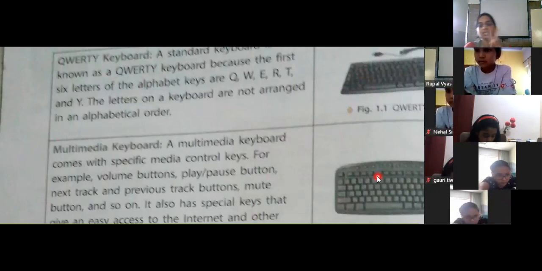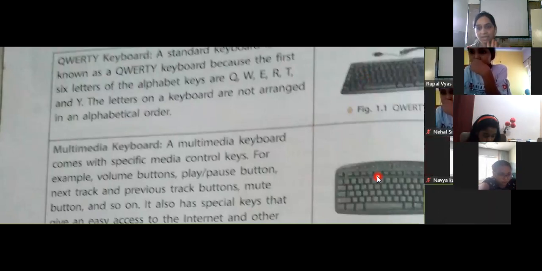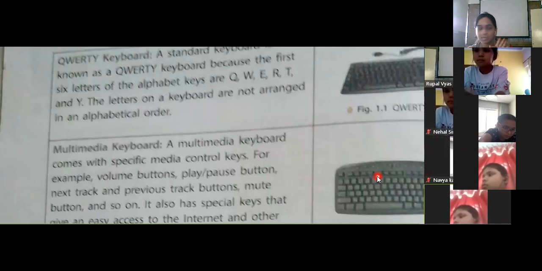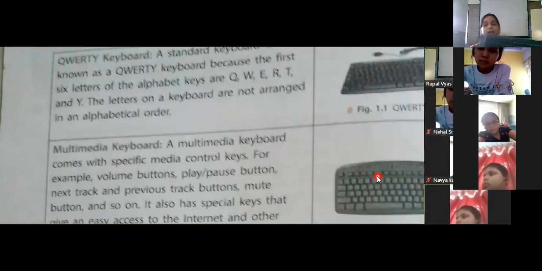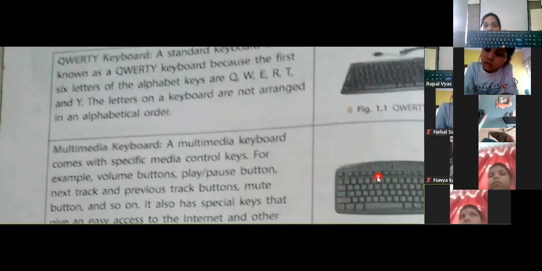So basically we have studied two types of keyboard. The very first is the QWERTY keyboard, in which the very first line is QWERTY. That's why we call it the QWERTY keyboard. The second keyboard is the multimedia keyboard, in which we have the control keys. These are called the multimedia control keys.